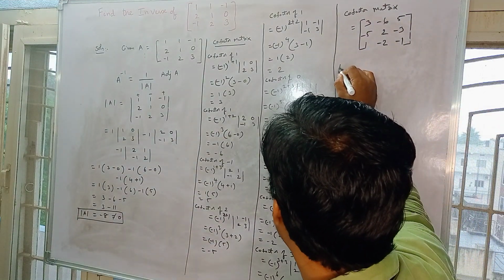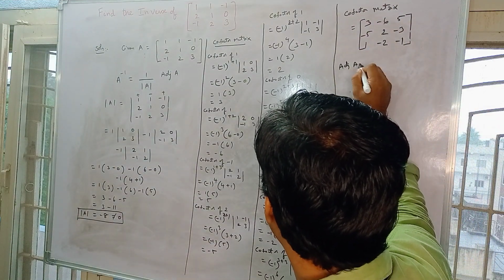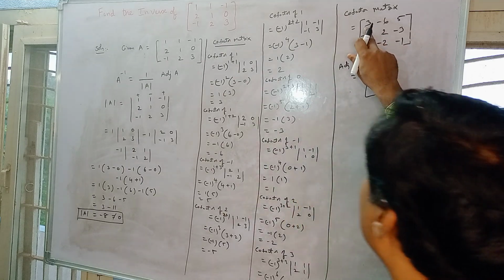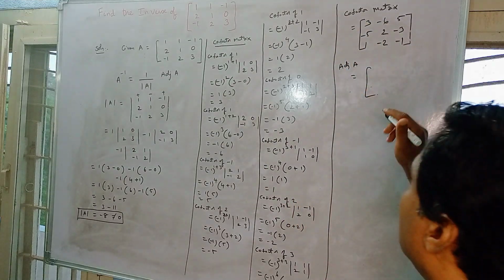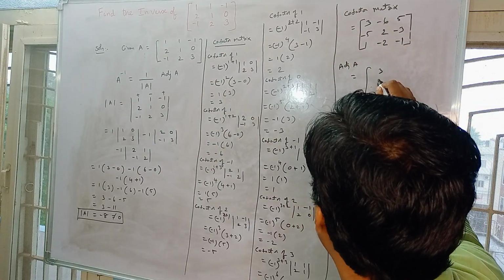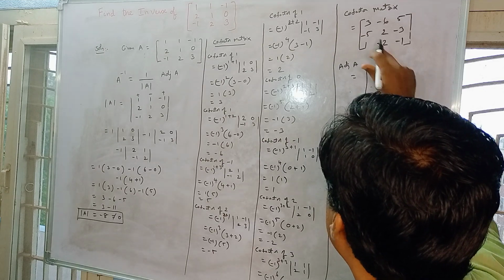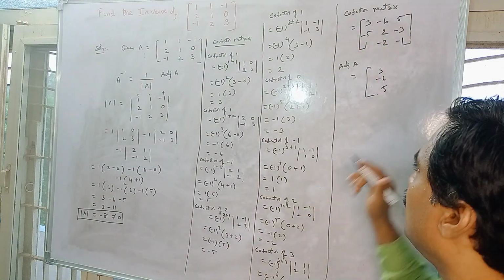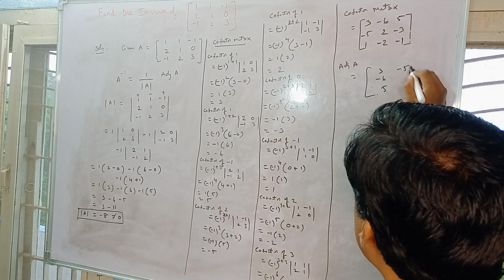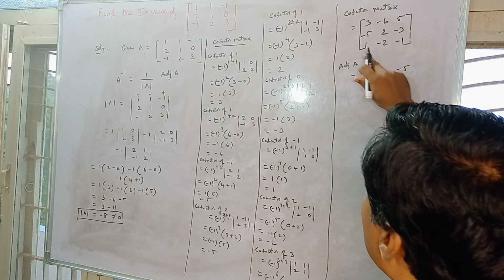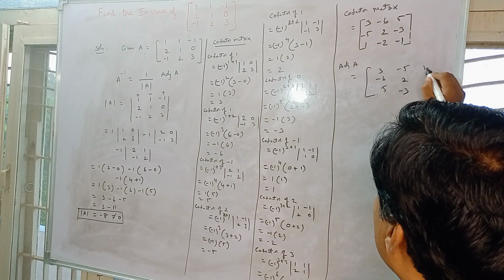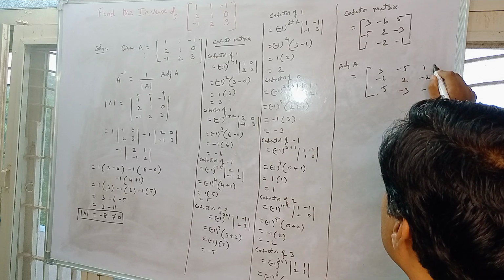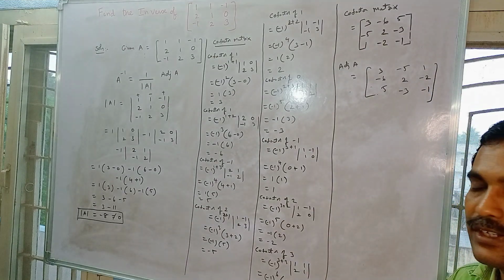So that's adjoint A. I am changing the first row into the first column. So you get 3, minus 6, 5. Now I change the second row into the second column. So minus 5, 2, minus 3. Now the third row into the third column. So 1, minus 2, minus 1. So this is adjoint A.